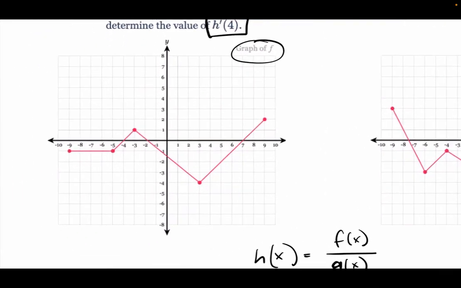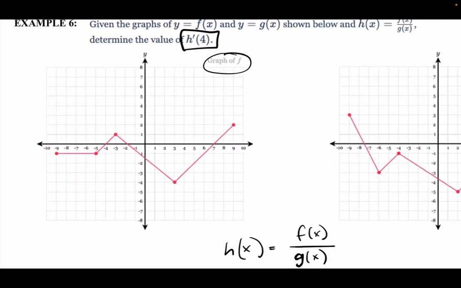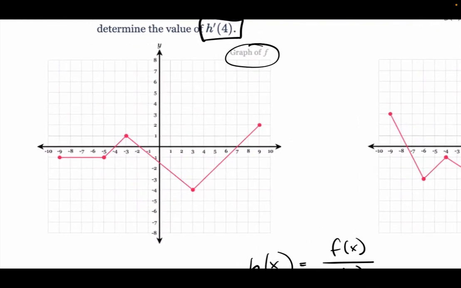I know f of 4. F of 4 is negative 3 as well, right? But it's not asking for the y value, right? F of 4 means the y value when x equals 4.